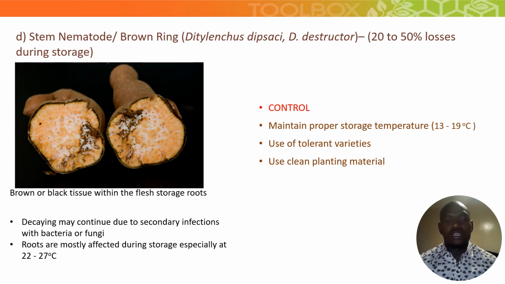The decaying may continue due to secondary infections with bacteria or fungi, and the roots are mostly affected during storage at temperatures of 22 to 27 degrees. So control strategies include maintaining proper storage temperature, 13 to 19 degrees is appropriate, using tolerant varieties, and using clean planting material.